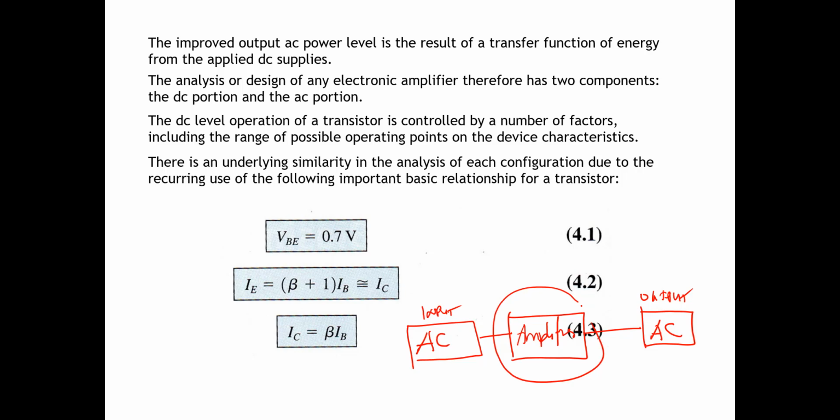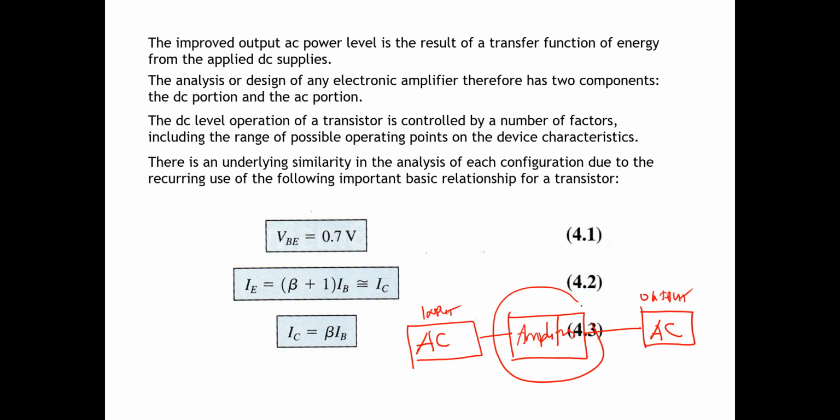So the bipolar junction transistor can amplify the signal, and in order to amplify the signal, we have to turn on the bipolar junction transistor first, or we have to put the bipolar junction transistor in the specific operations.